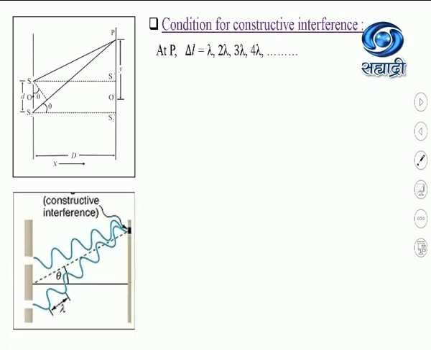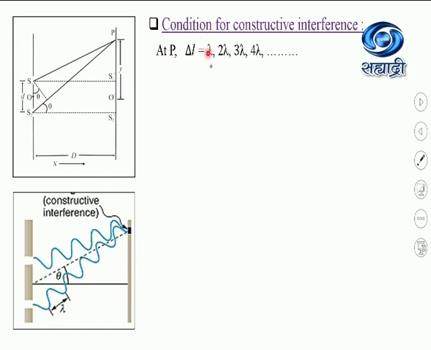Here you can see that the crests of the two waves are overlapping with each other, or the troughs of two waves are overlapping with each other. When these two waves reach the point P on the screen, we get the constructive interference at point P. So at point P, the path difference between the two waves should be either equal to lambda, or 2 lambda, or 3 lambda, or 4 lambda, and so on.